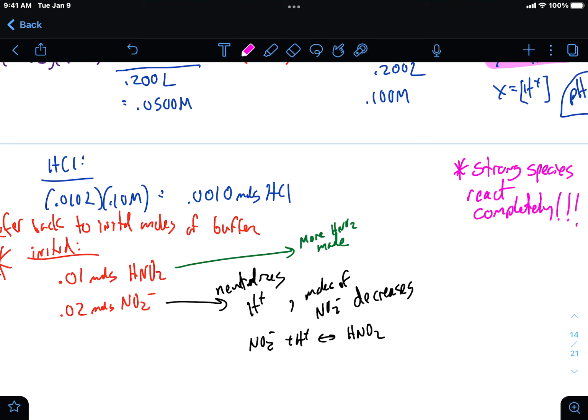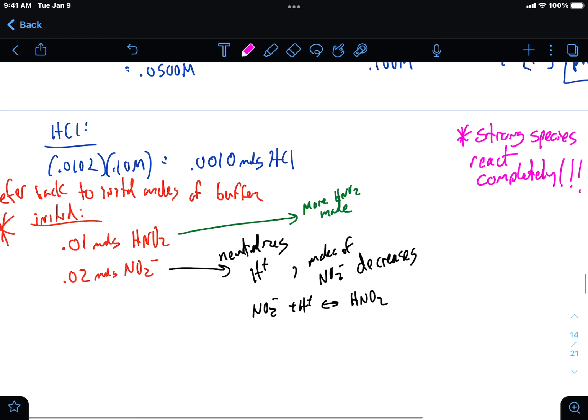Okay, and this applies always. So isn't HCl the strong species? That means all of the moles of HCl or H plus get used up. So because of that, our moles of NO2 minus are going to decrease by the number of moles of H plus that we added.